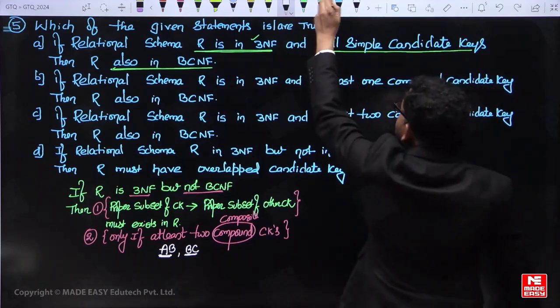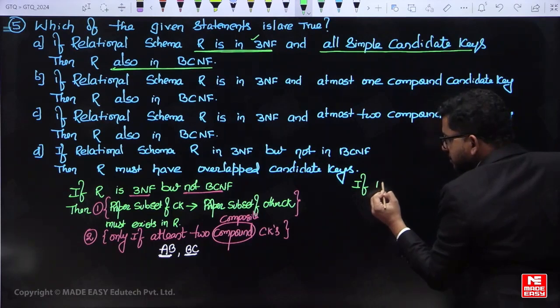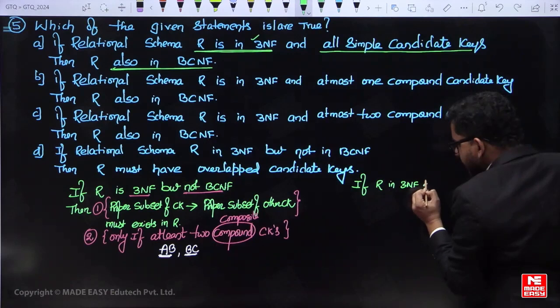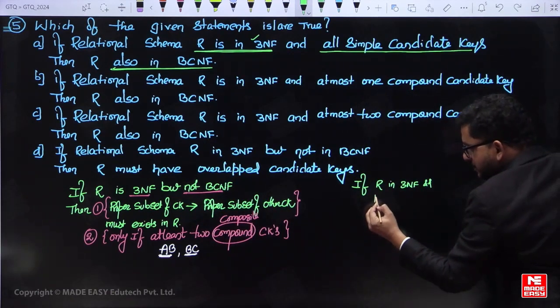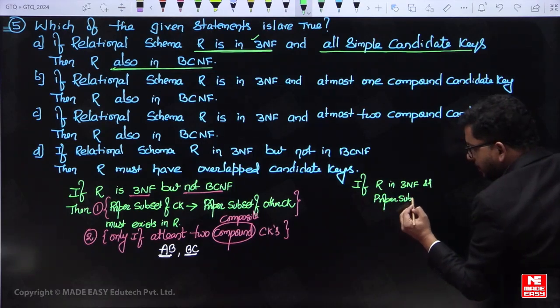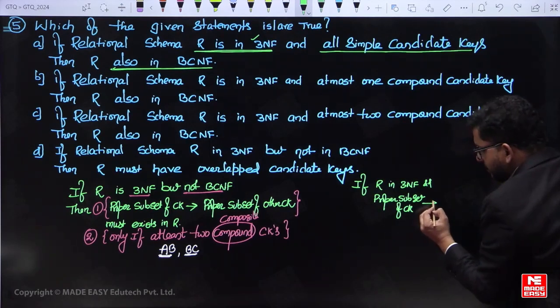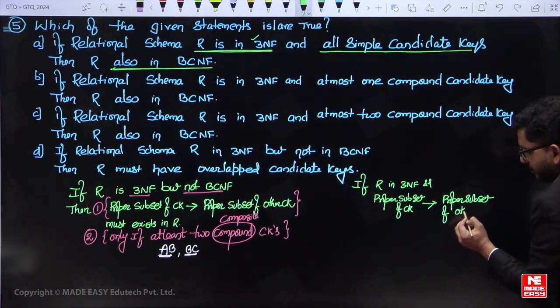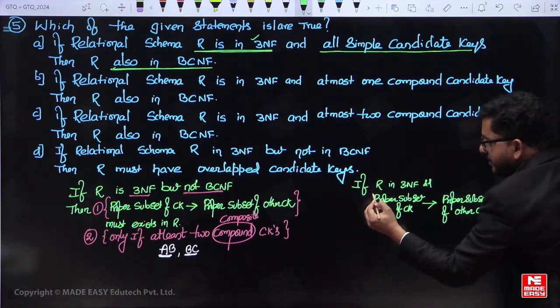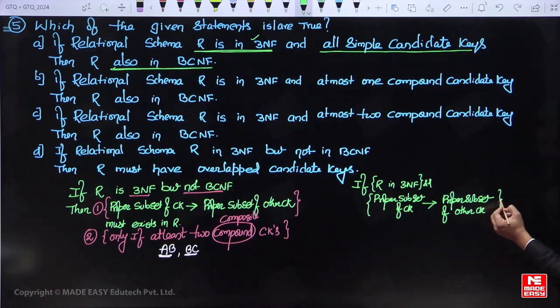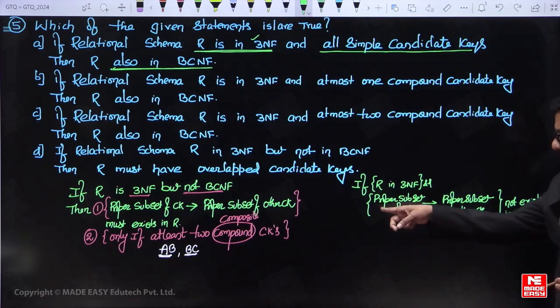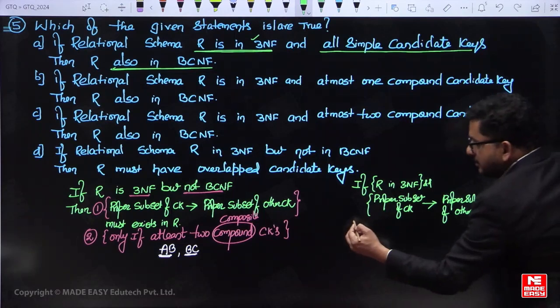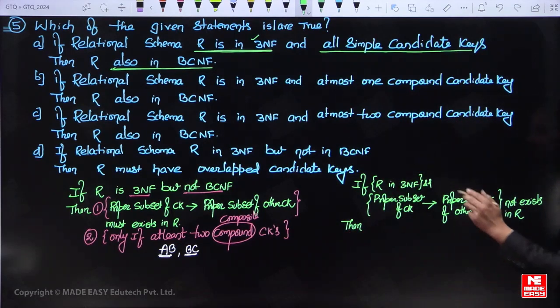In case the relation R is in 3NF and this kind of FD does not exist, that is, a proper subset of a candidate key determining a proper subset of another candidate key, then there is no other possibility where BCNF can fail.